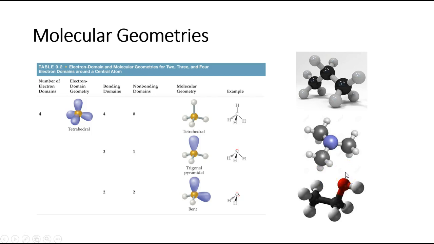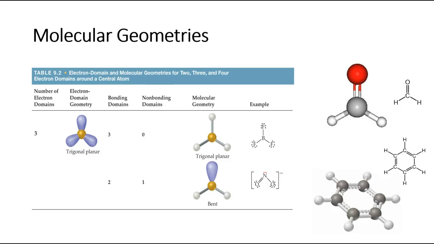The worksheet that I posted along with this video, which has to do with writing Lewis structures and determining shapes, actually has a nice little chart on the back that says for this many total domains, of which this many are bonding and that many are non-bonding, this is the given molecular shape.